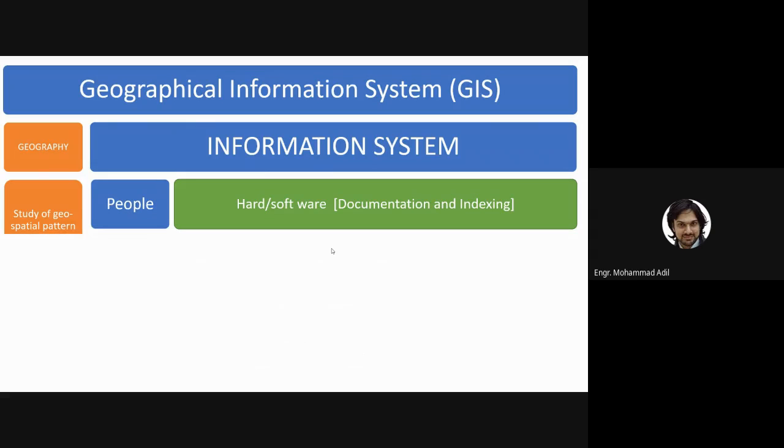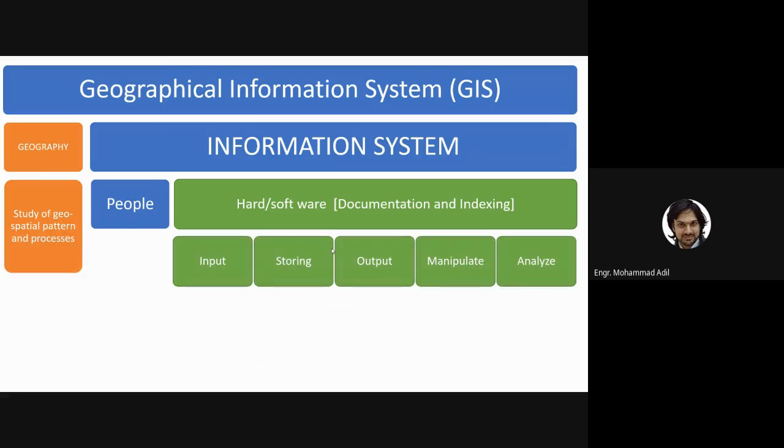Besides that, it has some software and hardware components. The software and hardware have the capability to take input, store inputs and outputs, output itself, manipulate the input and output, also the stored data, and analyze the input and stored data using manipulation.